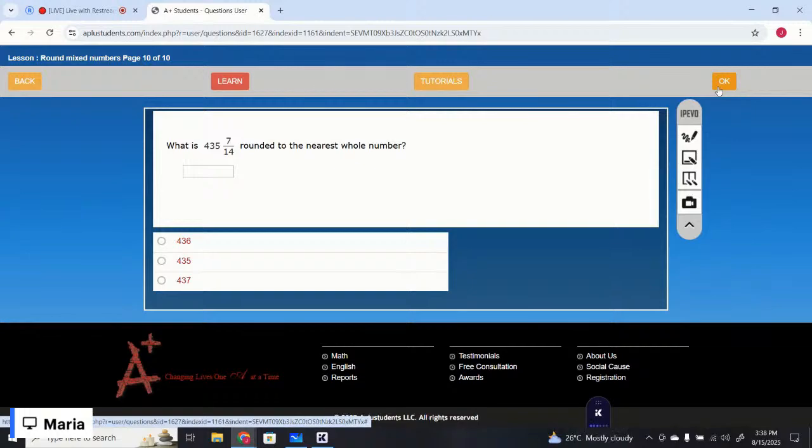What is 435 whole 7 over 14 rounded to the nearest whole number?